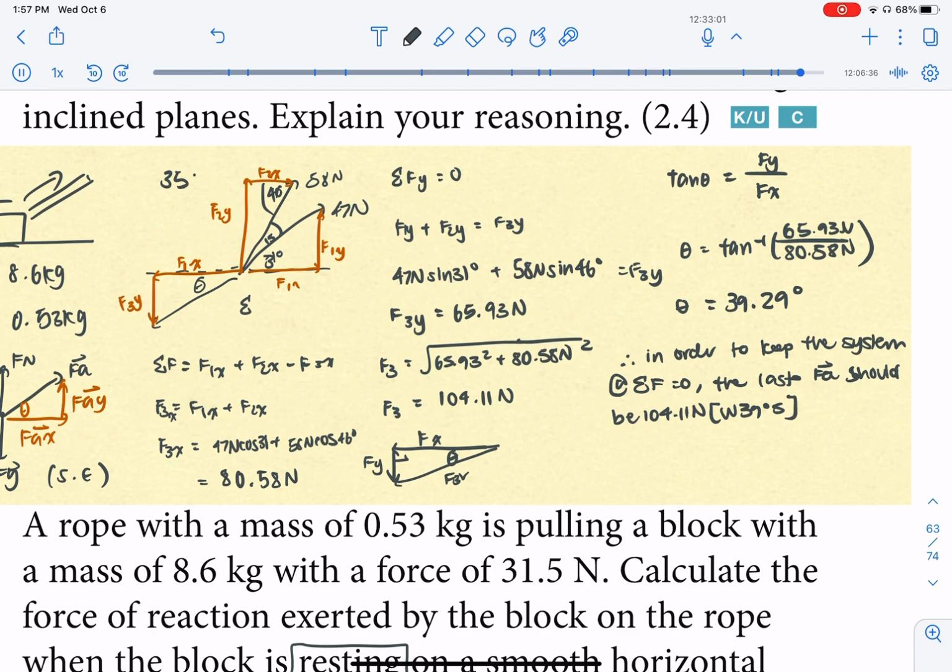So kinetic equilibrium means moving equilibrium, so everything's still balanced, but it's moving. I'm going at a constant pace in this direction. That's Newton's first law. Acceleration is still zero, so it's a constant speed. Uniform motion is Newton's first law.